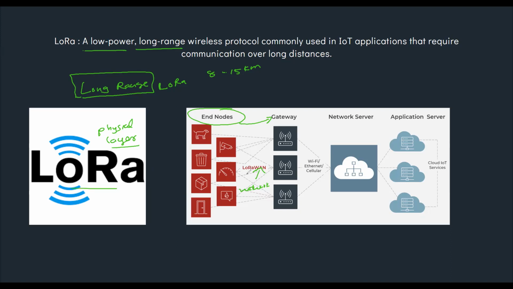So LoRa and LoRaWAN are two different protocols, and LoRaWAN is in the network layer. LoRa is in the physical layer. LoRa is a very popular protocol.